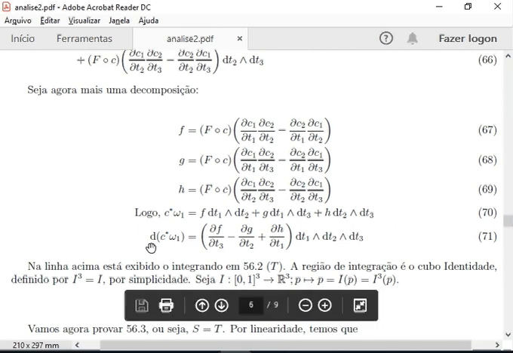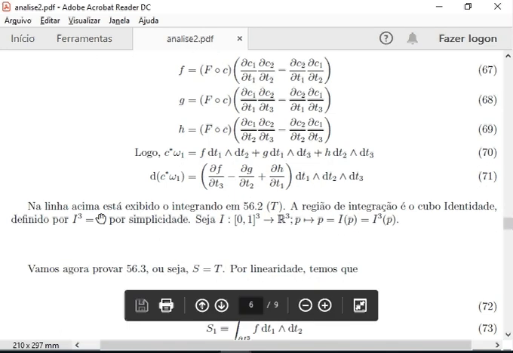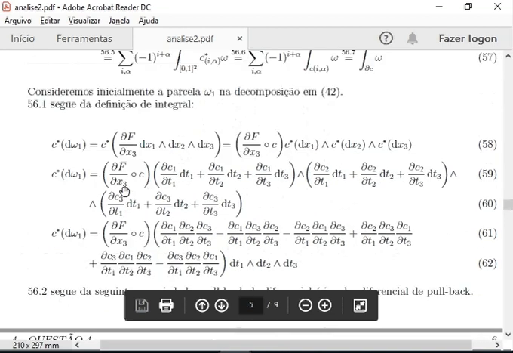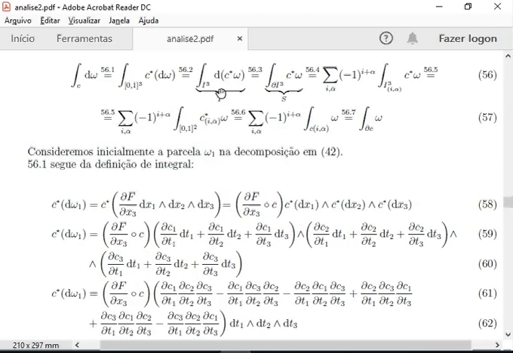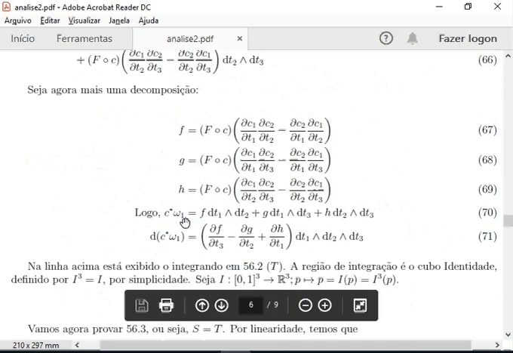Who is the differential of the pullback? It is df dt3 minus dg dt2 plus dh dt1, as we have already done. Who is the integrand in 56.2? It is d pullback of c omega.